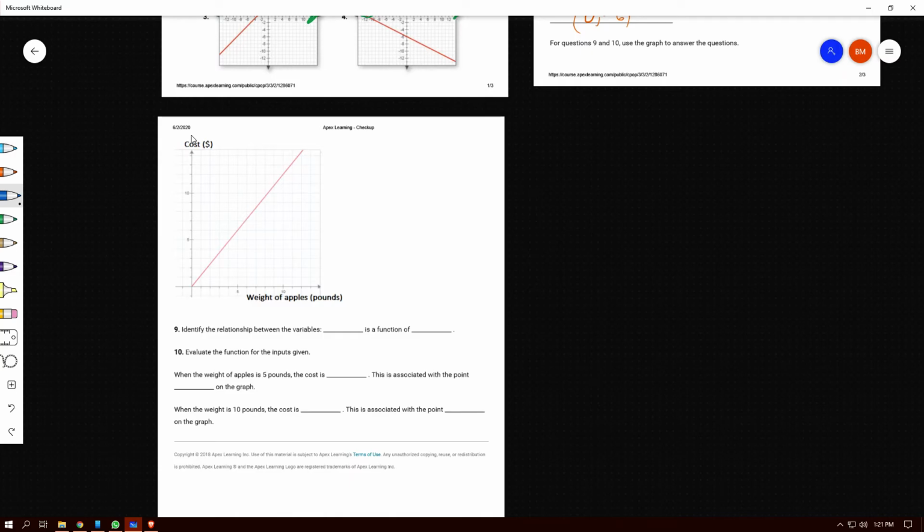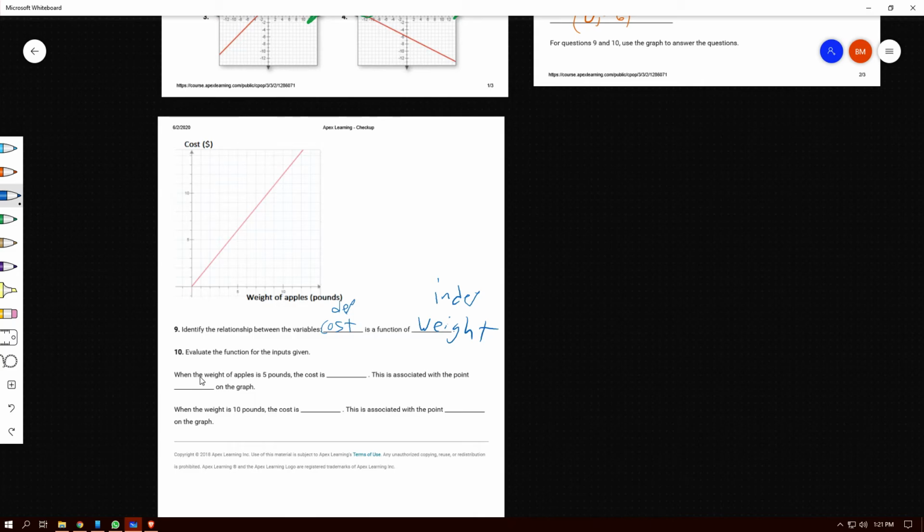So what we'll say is that the cost is a function of the weight, because the cost is dependent upon the weight. All right, we cannot determine the cost until we determine the weight. So cost is a function of weight. All right, so the dependent variable will go first in this scenario, and then after the function of, that's where the independent variable goes.